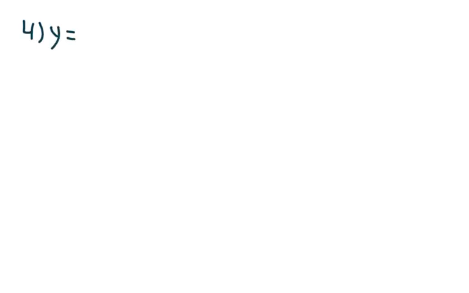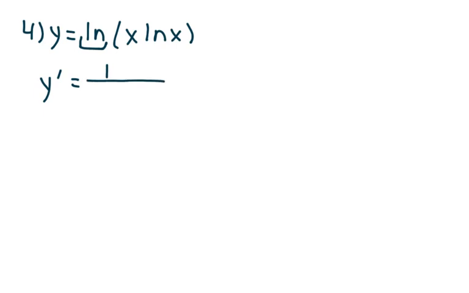Suppose y equals natural log of x natural log of x, okay? And I want y prime. So the outside function's the natural log function. So I'm going to take 1 over x natural log of x. And I'm going to multiply by the derivative of the inside function with respect to x.